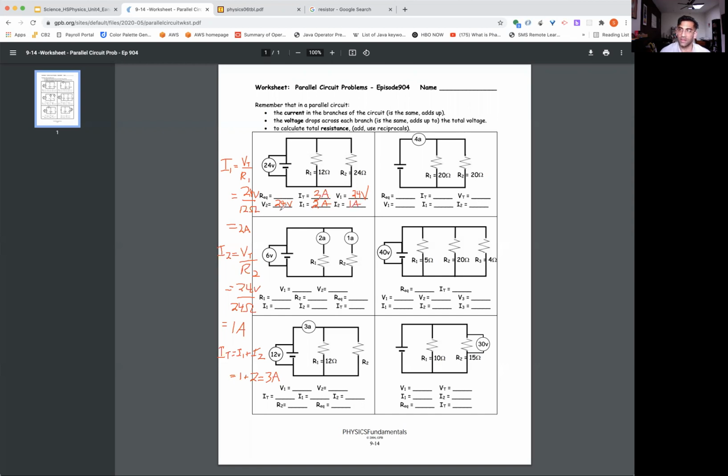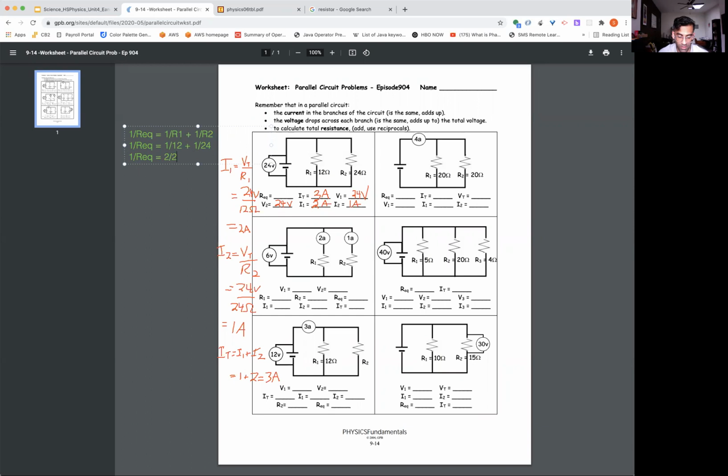And now finally, the equivalent resistance, I'm going to calculate over here in green so it pops. We know again that 1 over REQ is going to equal 1 over R1 plus 1 over R2. So 1 over REQ will equal 1 over 12 plus 1 over 24. I have to convert them to the same denominator, so I can multiply top and bottom of the first fraction by 2.